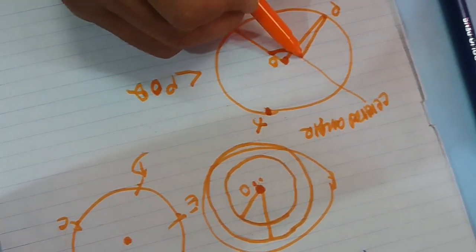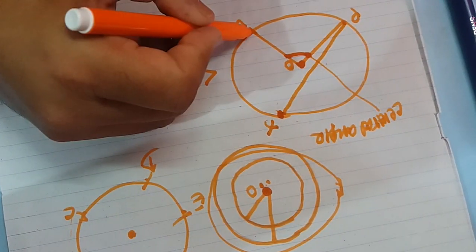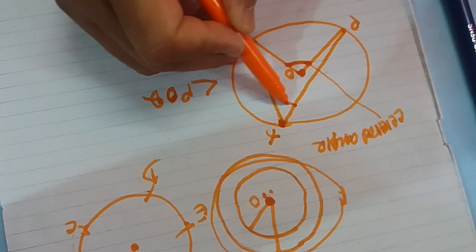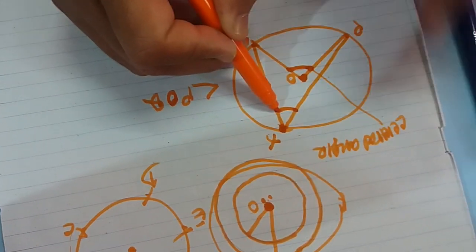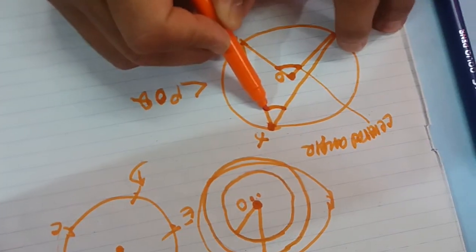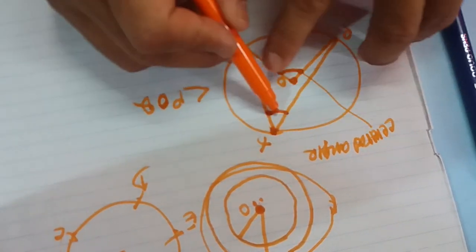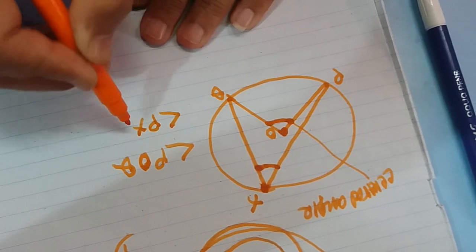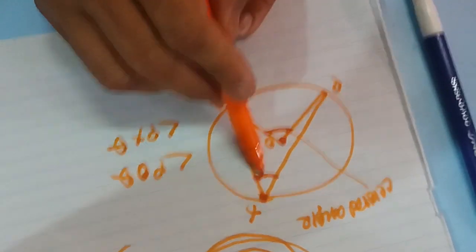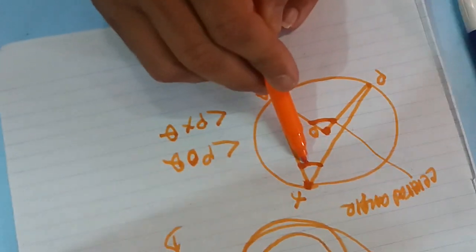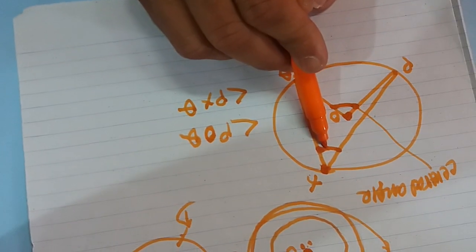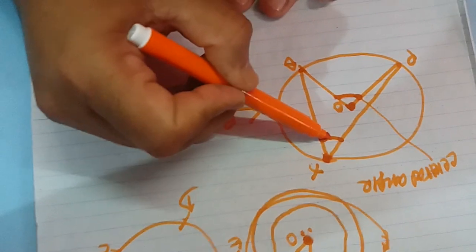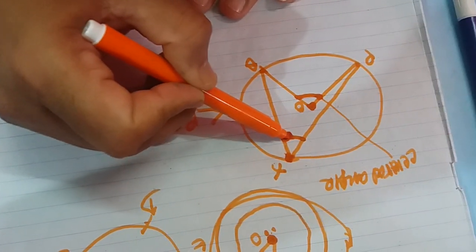Let me join PX and QX. Since the angle PXQ is at the circumference of the circle, this angle PXQ is called the inscribed angle, or you can say the angle at the circumference of the circle.